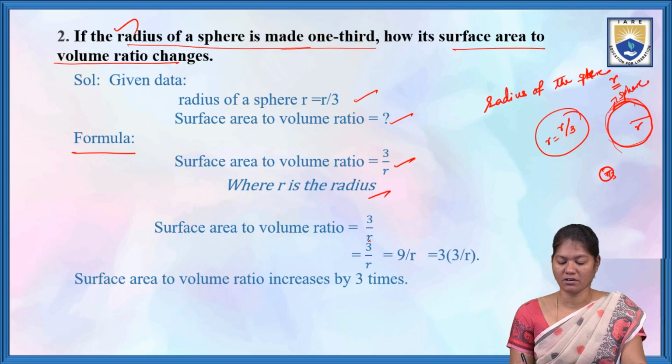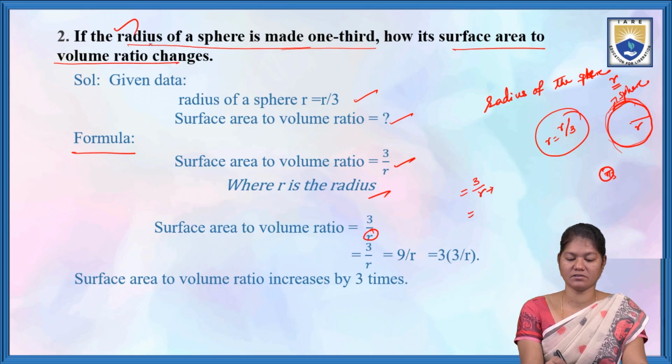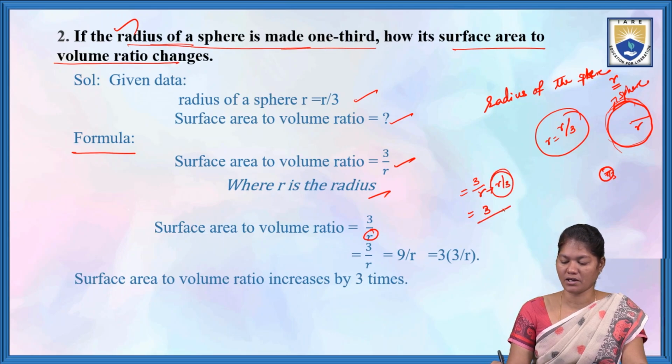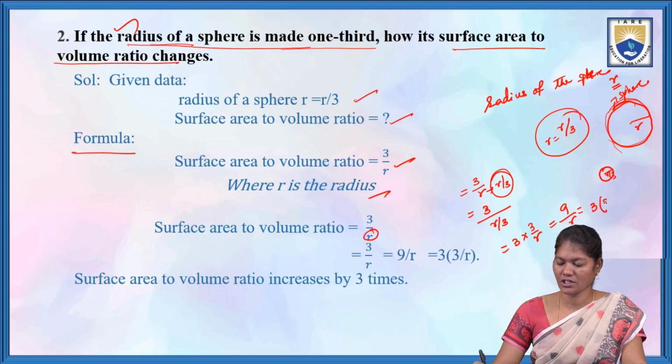Here r is r by 3, as given in the problem. So 3 by r by 3 is equal to 3 into 3 by r, and we will get 9 by r.